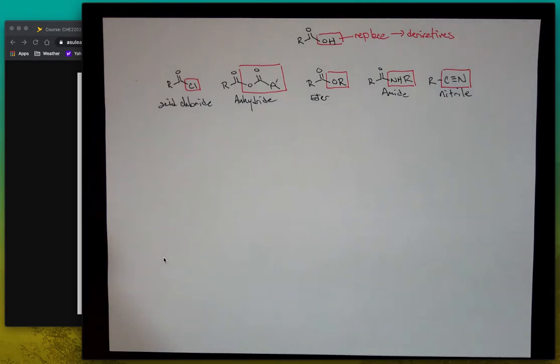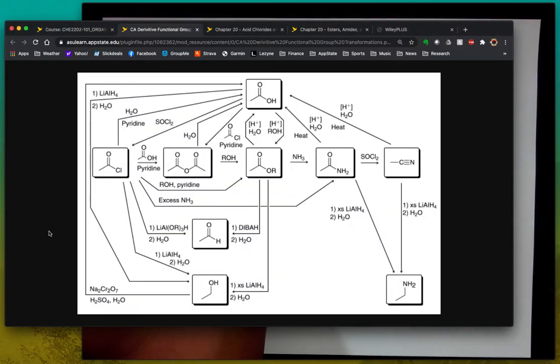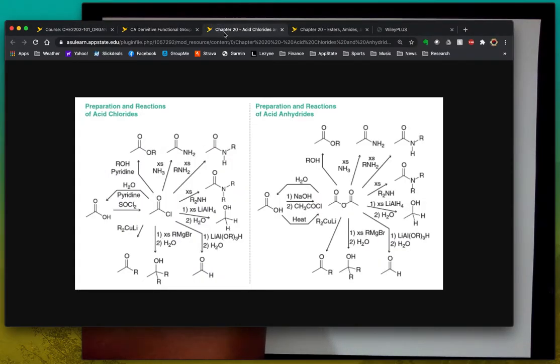So I want to ask a critical question, which is ultimately the take-home portion of this unit, which is, when we look at all the reactions that these species could undergo, there's a lot of them. And certainly there's some redundancy here that we can talk about.